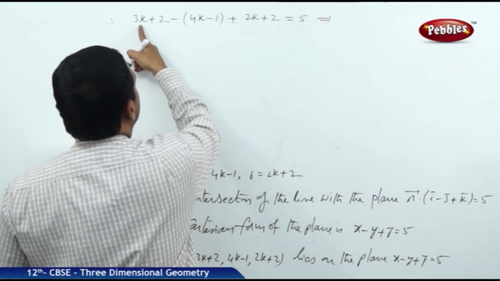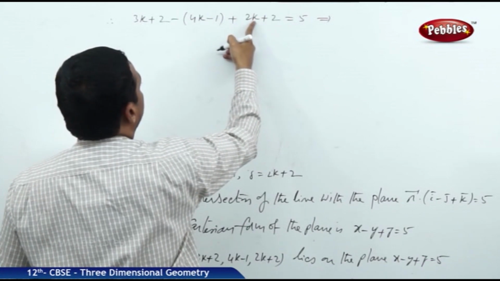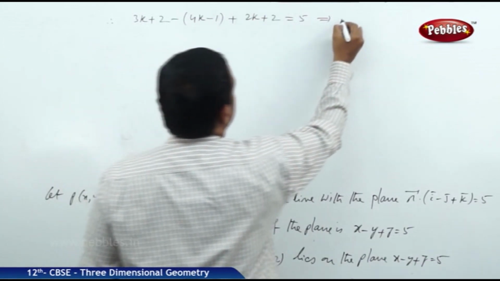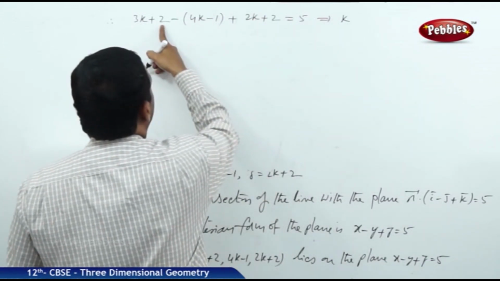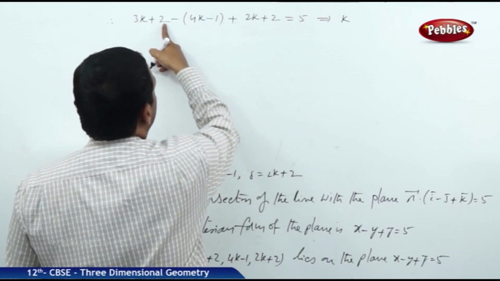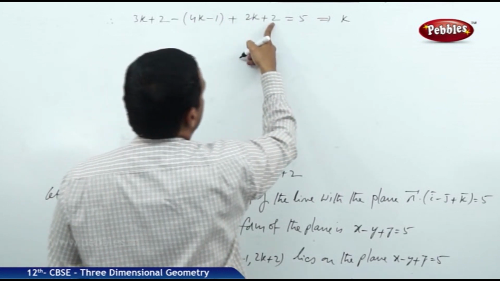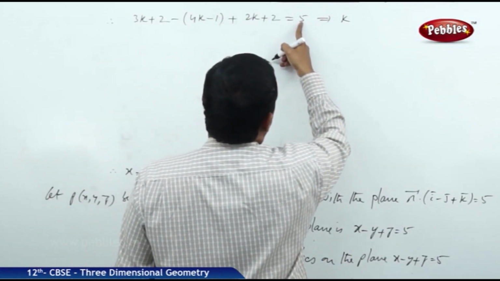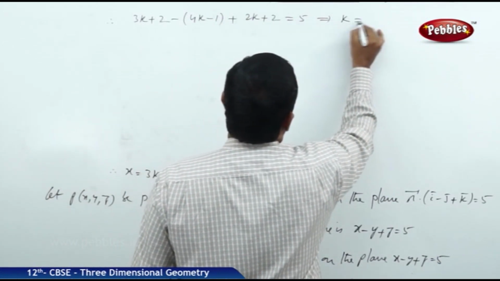Now here it is 3k minus 4k plus 2k, that is k, and 2 plus 1 is 3, 3 plus 2 is 5. 5 is equal to 5 gets cancelled, so k is equal to 0.